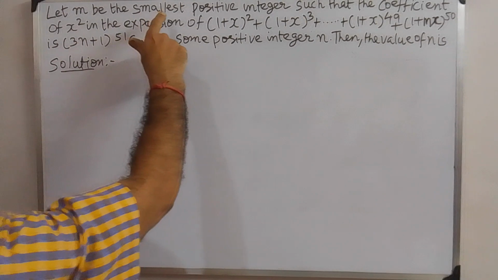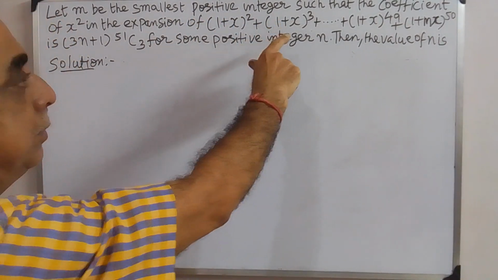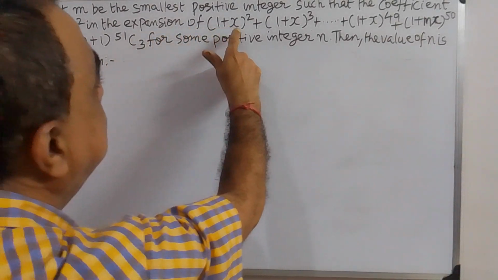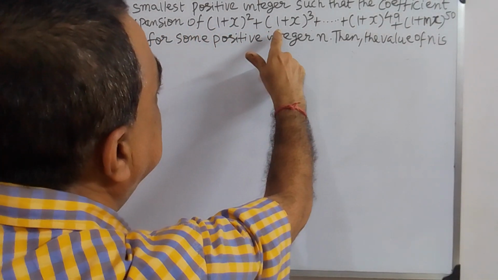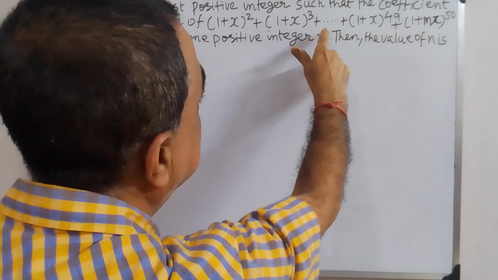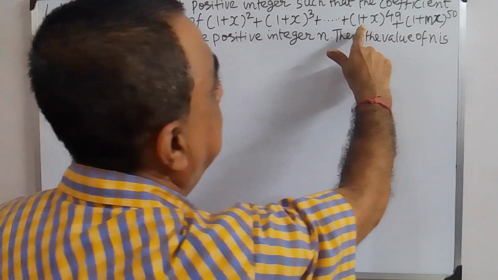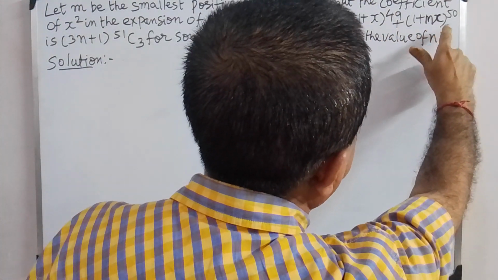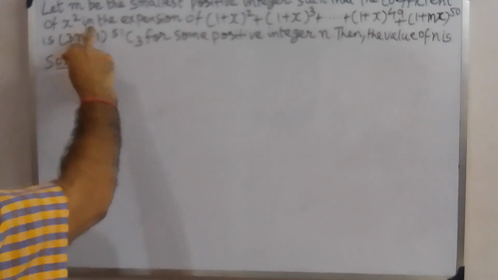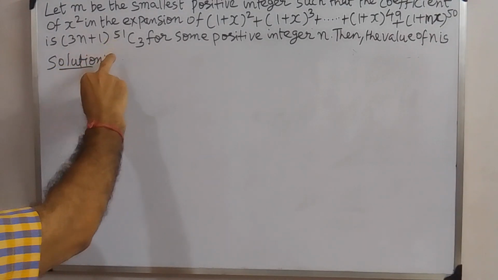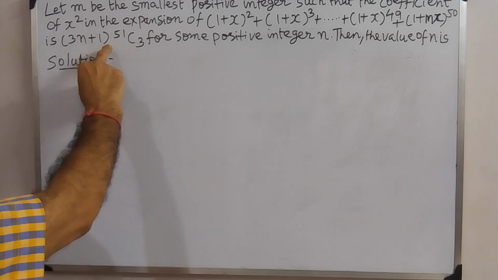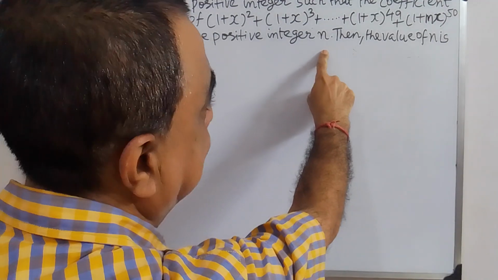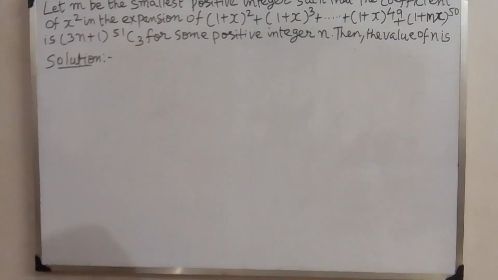Let m be the smallest positive integer such that the coefficient of x squared in the expansion of (1+x)^2 + (1+x)^3 + ... + (1+x)^49 + (1+mx)^50 is (3n+1) times 51C3 for some positive integer n. Then the value of n is.